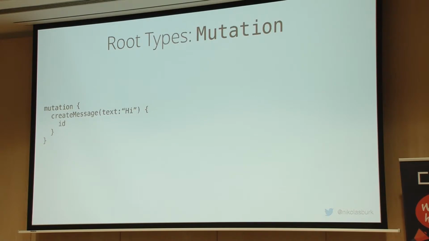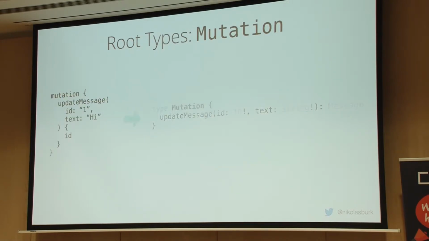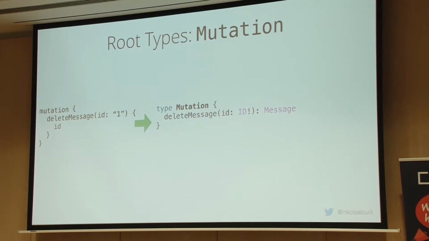So if we wanted to have a create message mutation that looked like this, we have to add the corresponding root field to the mutation type. And just to complete the API for the message type and really have CRUD operations for creating, reading, updating, and deleting messages, let's also add an update message field and a delete message field.